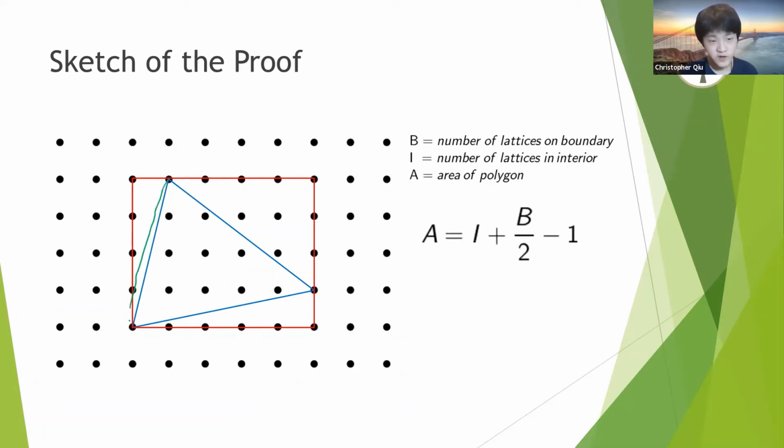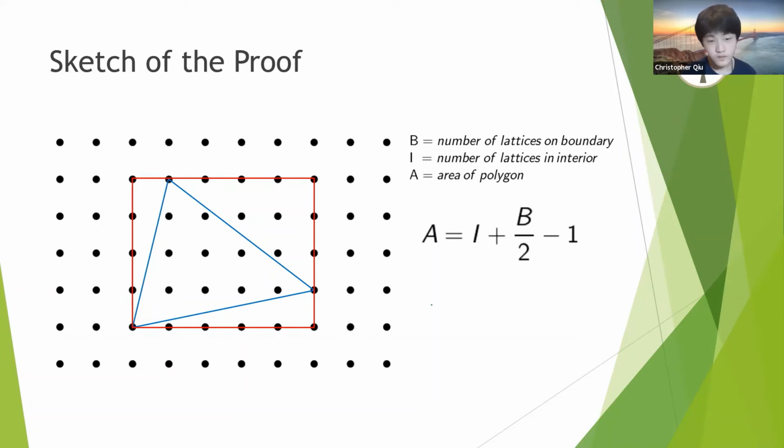Because this triangle over here, we can subtract the Pick's theorem equation for the rectangle by the Pick's theorem equations for these three right triangles. And if you do some careful analysis on what the values are, you can see that Pick's theorem also holds for this triangle.